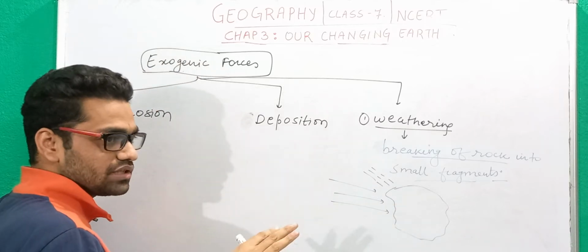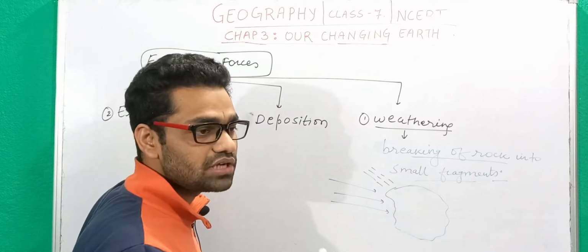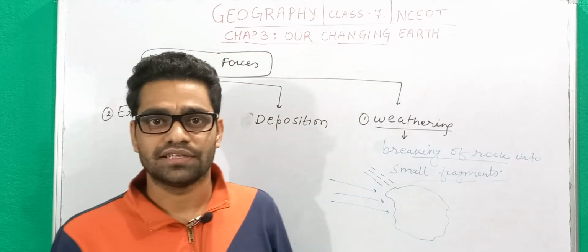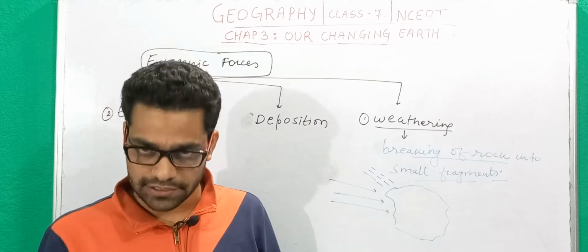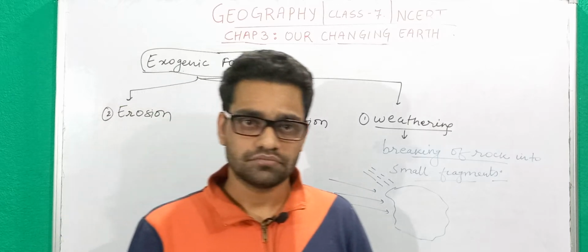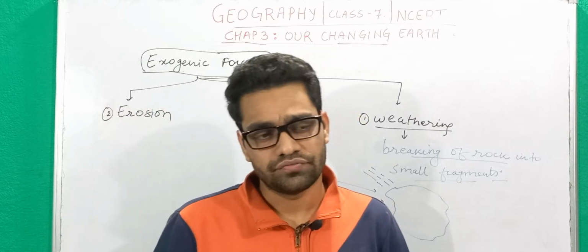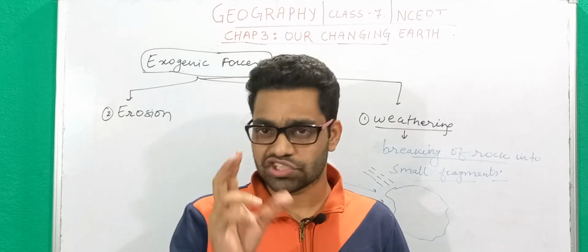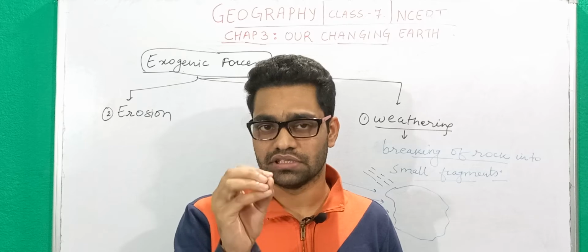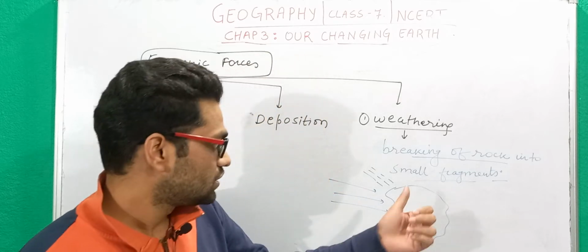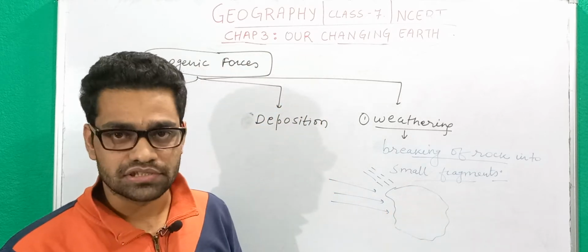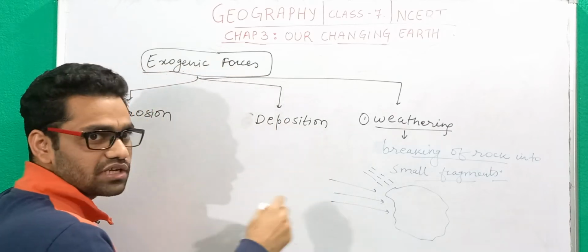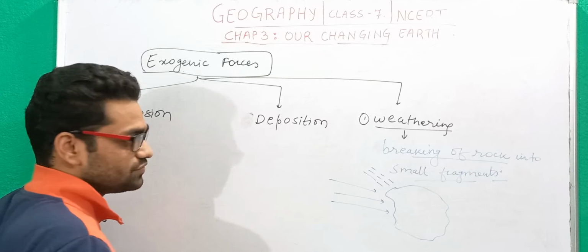Also there are temperature differences. In the daytime the temperature is usually high, and at night the temperature goes down. The increase and decrease in temperature lead to expansion and contraction of the rock materials.